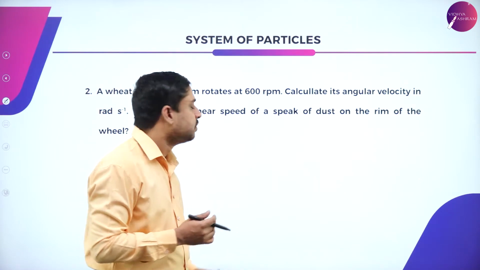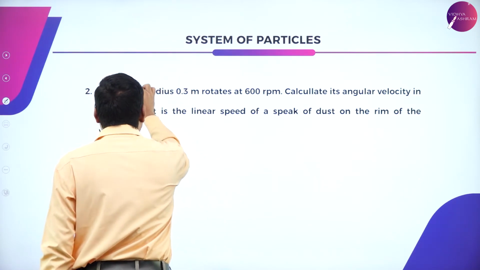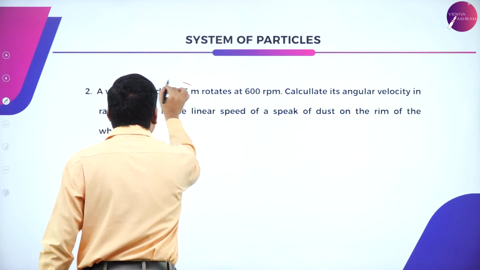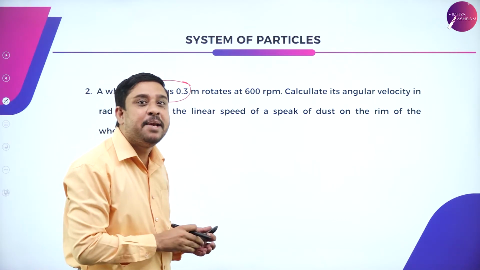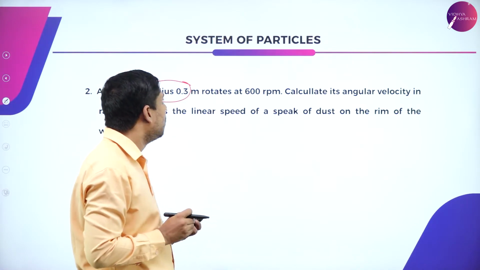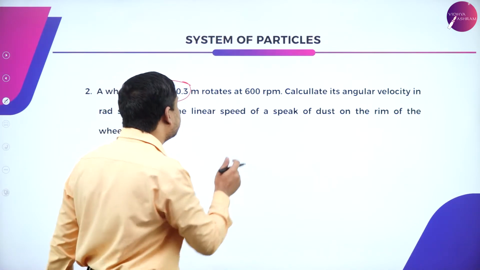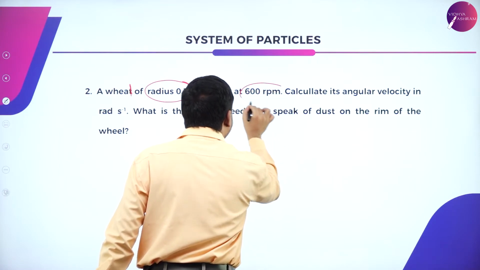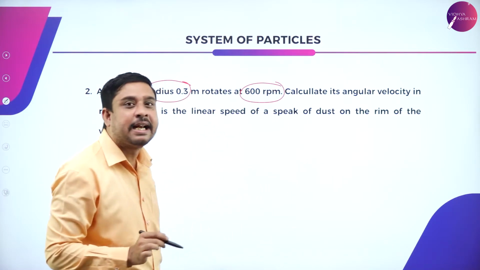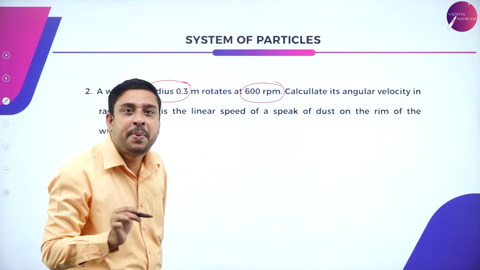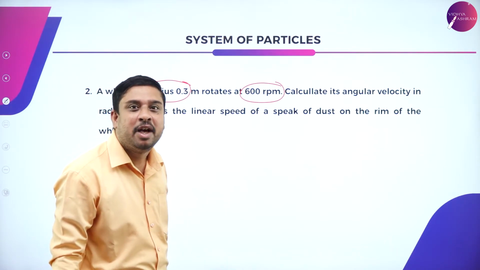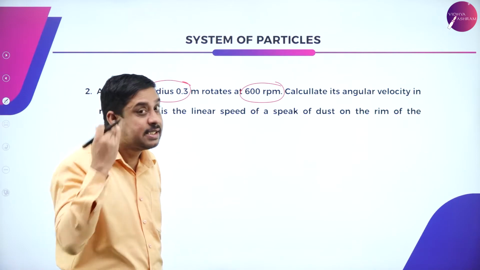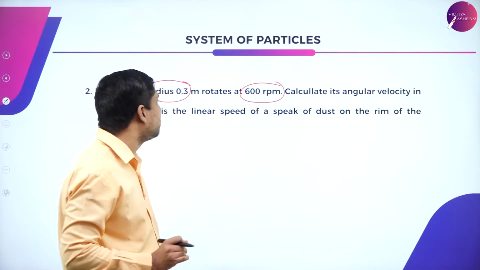Next one. A wheel of radius 0.3 meter rotates at 600 RPM. RPM means rotations per minute.